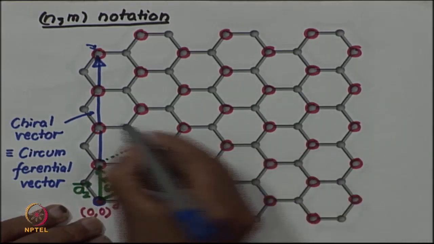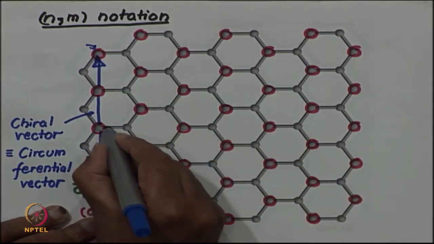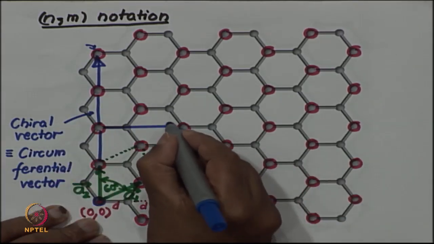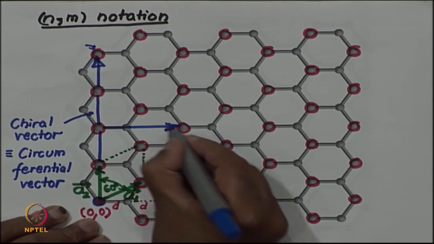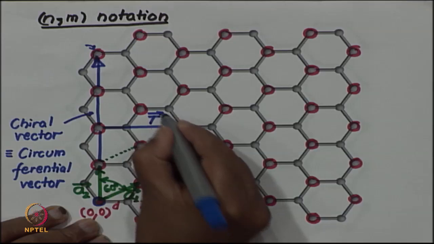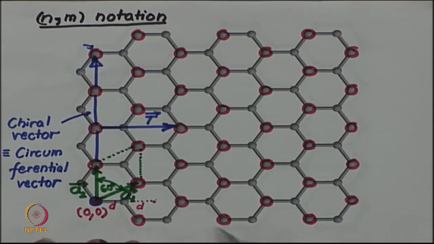Obviously, a vector normal to the circumferential vector, for example, a vector like this, let me call that T, will form the axis of the tube.